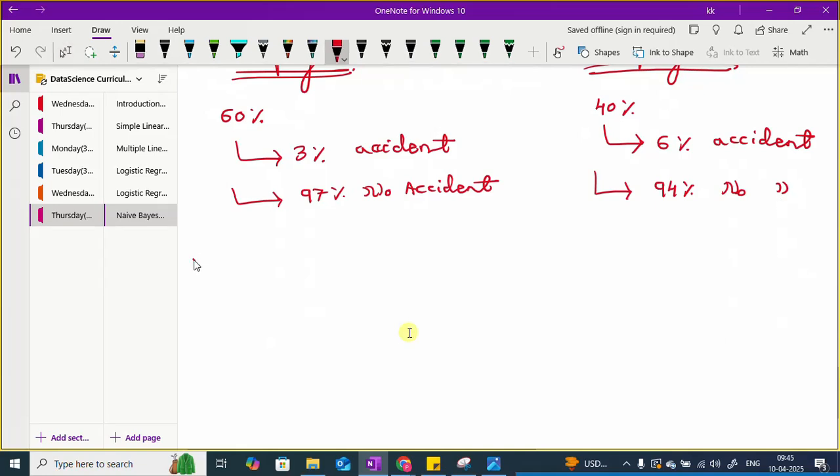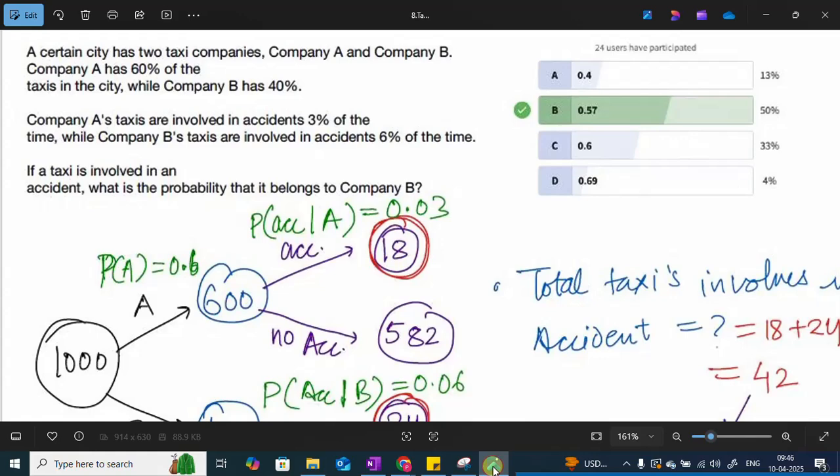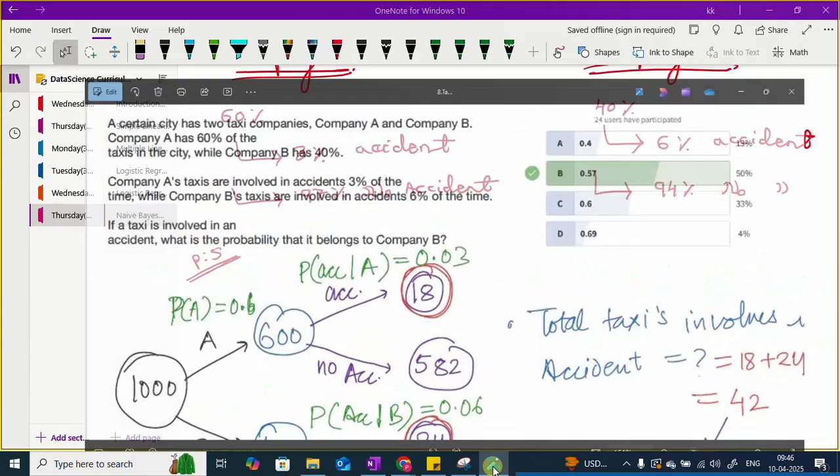Now, what is my problem statement? It's given: when a taxi is involved in an accident, what is the probability that it belongs to company B?